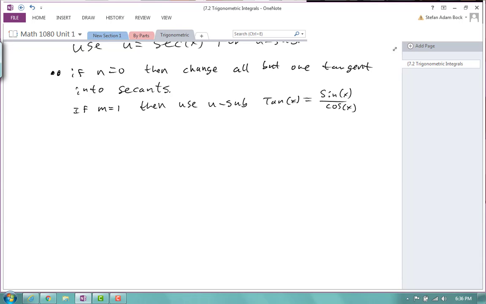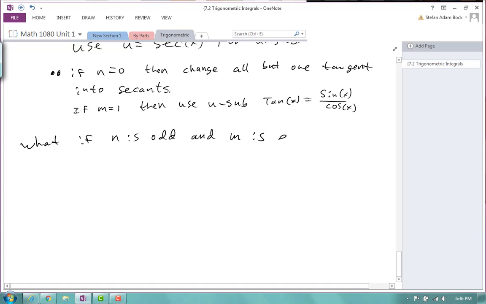What happens if n is odd and m is even? Well, in that case, we're just going to change everything into secants. And then we're going to use integration by parts on that.